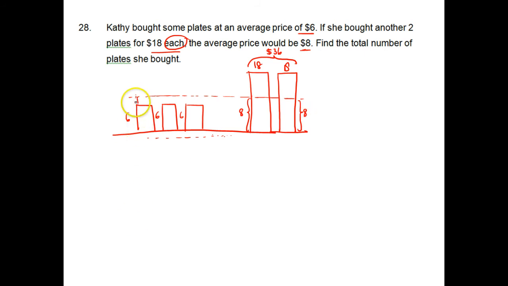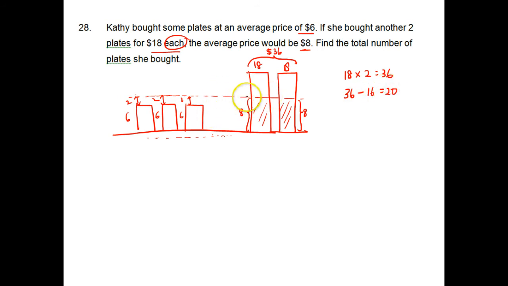Okay, so now this is a difference of $2. So now I need to take 18 times 2, which is the total cost of the 2 plates, which is $36. And I take 36, I must minus the average of these 2, so minus 16, which is 20.